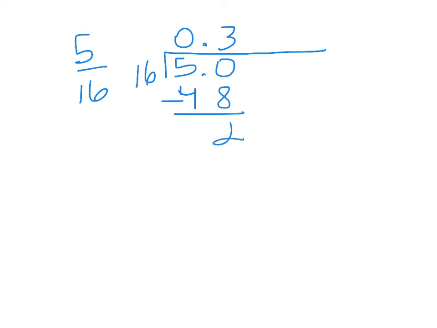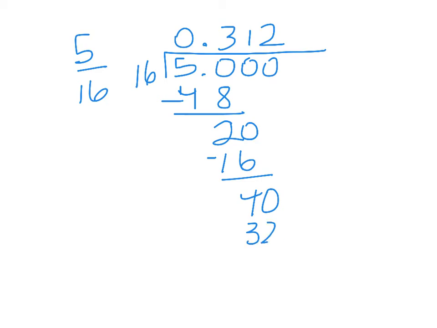Subtract that and we get 2. Bring down another 0. That goes in once, so subtract 16, leaves you with 4. Bring down another 0. That'll be twice, so that's 32. That leaves me 8.